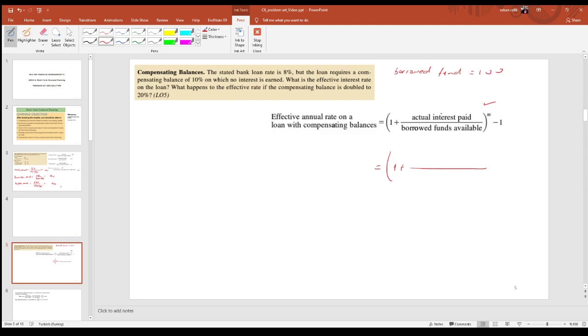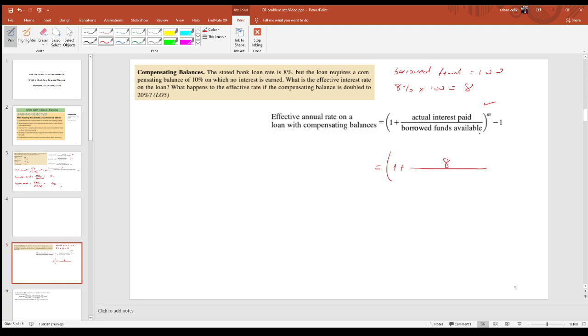So if it is 100, actual interest paid will be, as you see, 8%. So 8% of 100 will be 8. So this is going to be 8 actual interest paid.